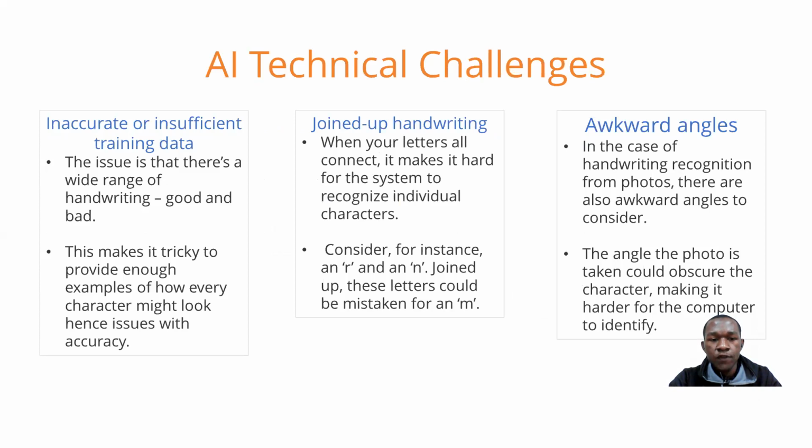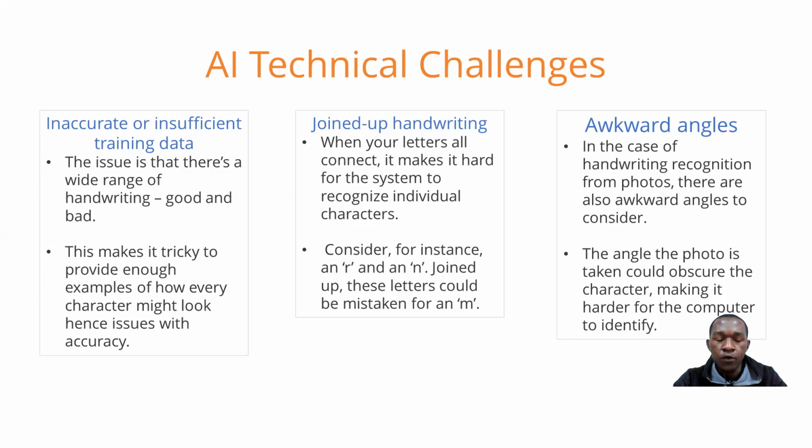Moving on, some of the AI technical challenges that we are likely to face in this project could be, one, inaccurate or insufficient training data. Of course, there is the issue of a wide range of handwriting, good and bad. As we know, we come from different institutions. We started from different primary and secondary schools till we reached here at the university.